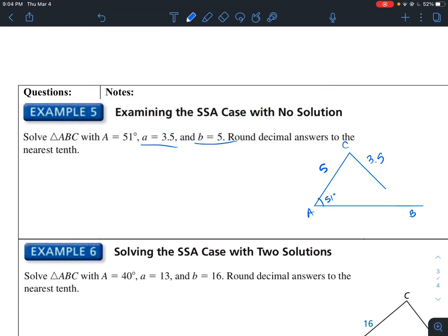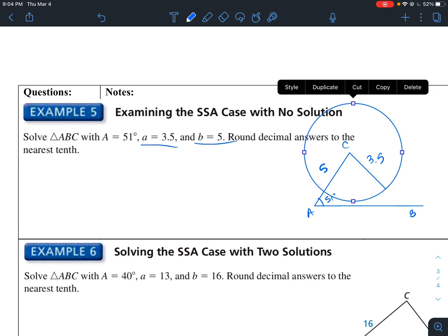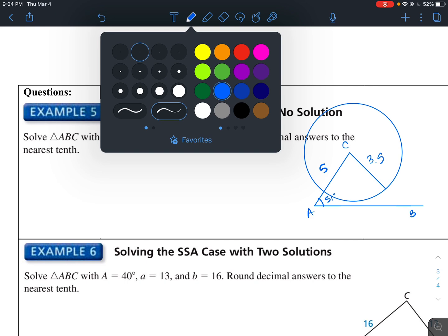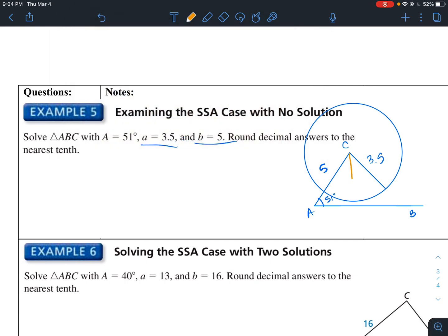So if given this angle and the side length right there, angle 5, I can't create another triangle right there, no matter where I move that side right here. So no matter if I have a radius of 3.5, I can't hit the side length of AB, thus I can't create a triangle.